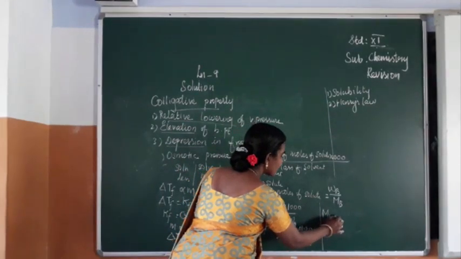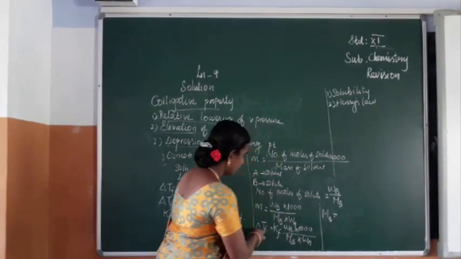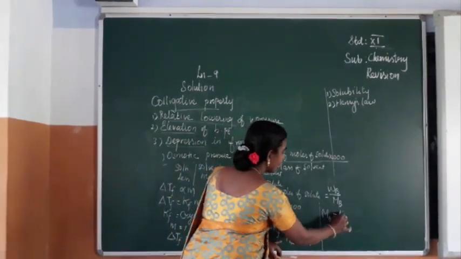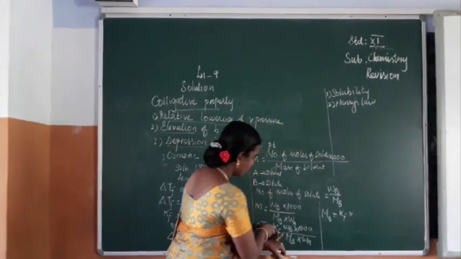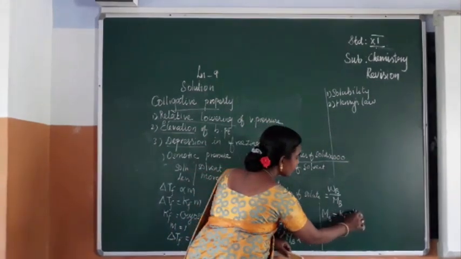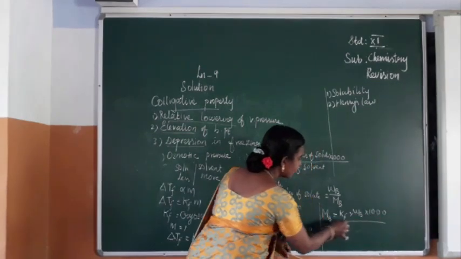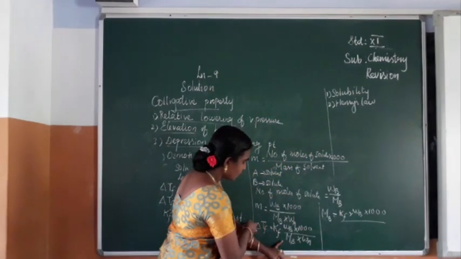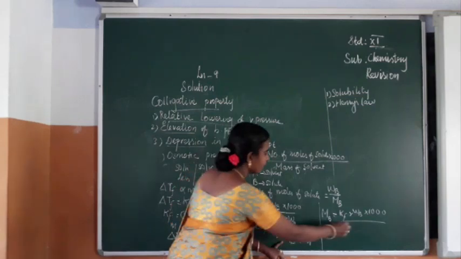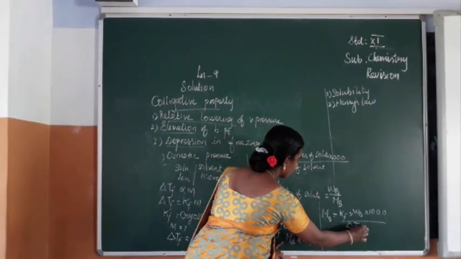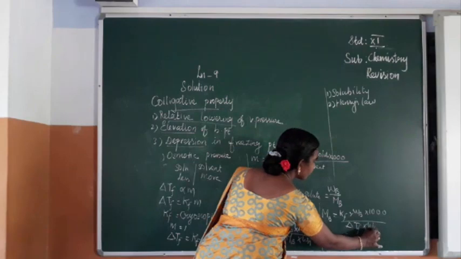Mb is equal to Kf into Wb into 1000 divided by delta Tf into Wa.